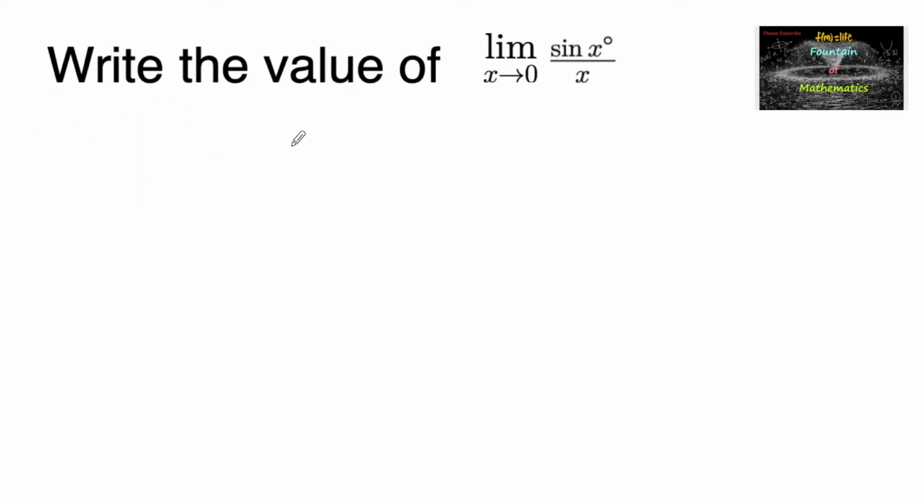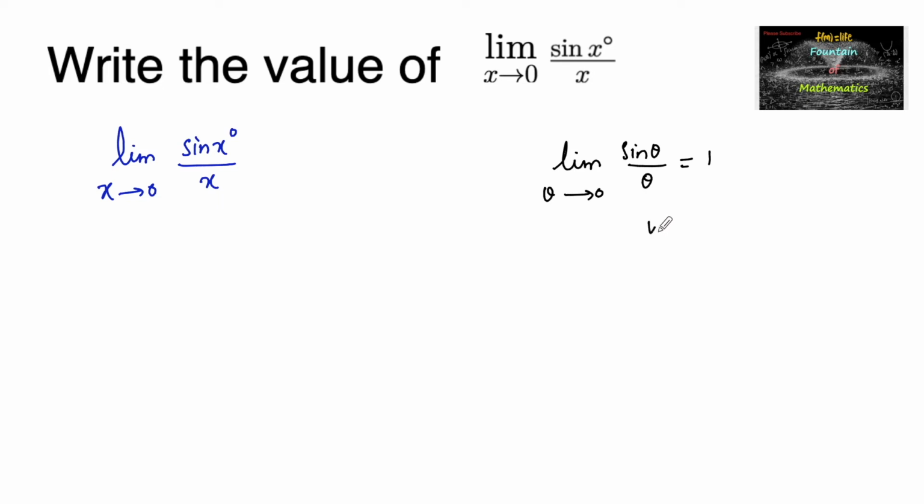Write the value of limit x tends to 0 sin x degrees upon x. And since we know that limit theta tends to 0 sin theta upon theta is equal to 1 when theta is in radians.